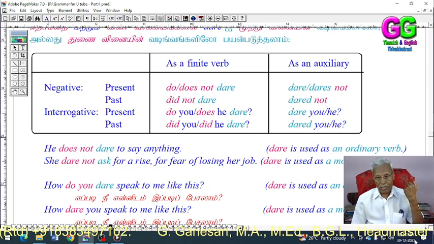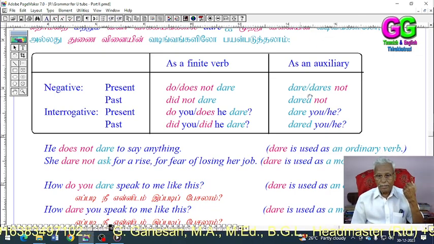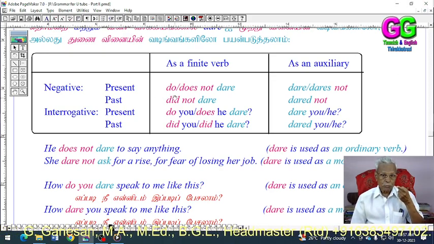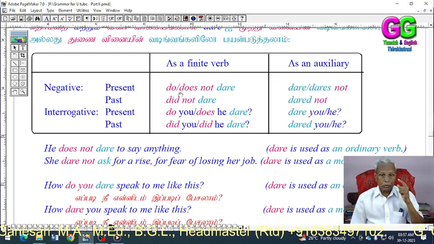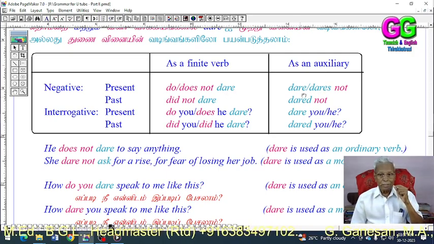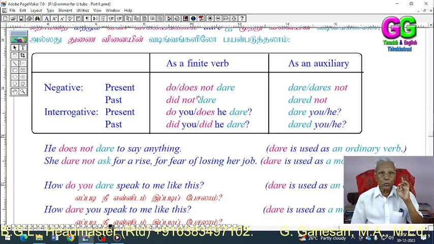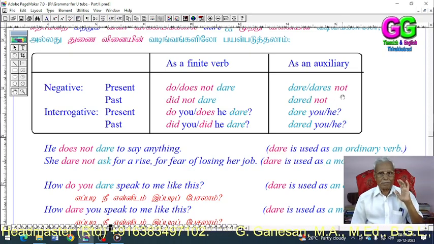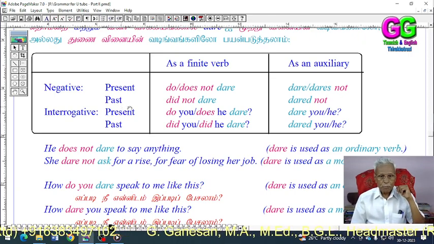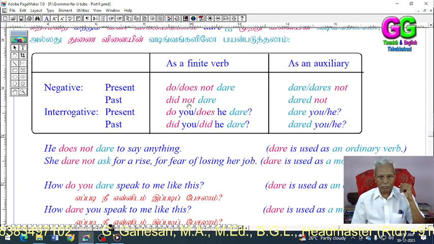As an auxiliary, dare not or dares not. Have it in mind. As an ordinary verb, do not dare, but as an auxiliary, dare not. Dare not speak. Dare not do. Past: did not dare.